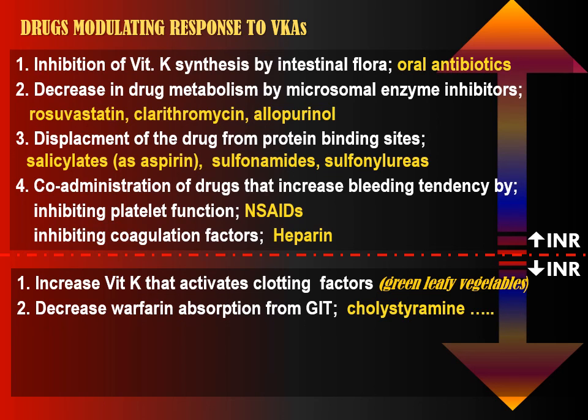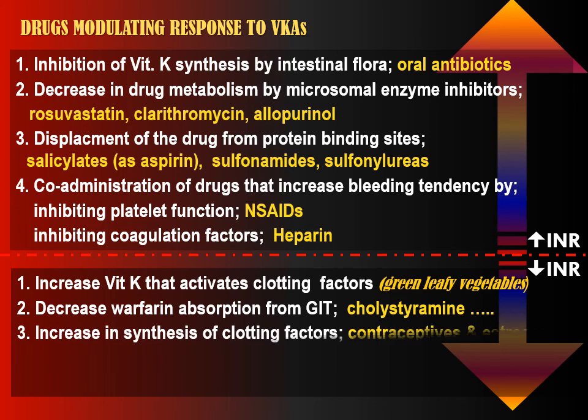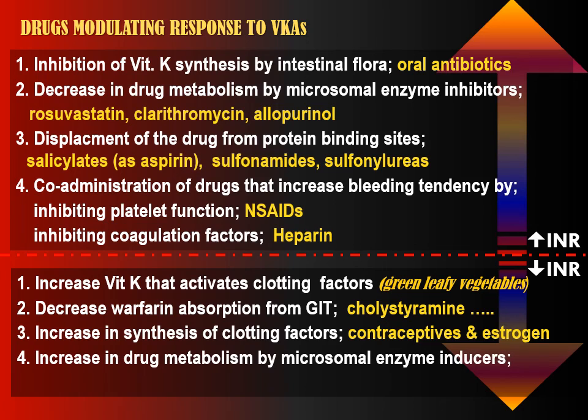Drugs that decrease the absorption, such as cholestyramine, which can bind with it and decrease its absorption from the GIT, or drugs that can increase clotting factors synthesis, such as contraceptives and estrogen. Also, the drugs that can induce drug metabolism, which are called microsomal enzyme inducers, such as carbamazepine, rifampicin, and tobacco smoking, will decrease its bioavailability.